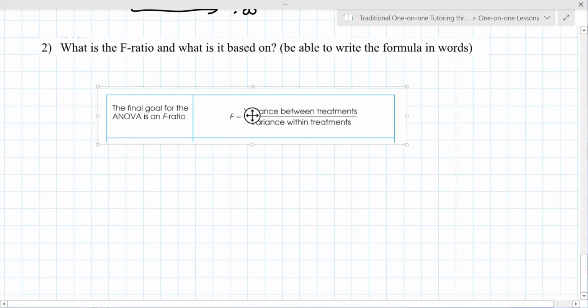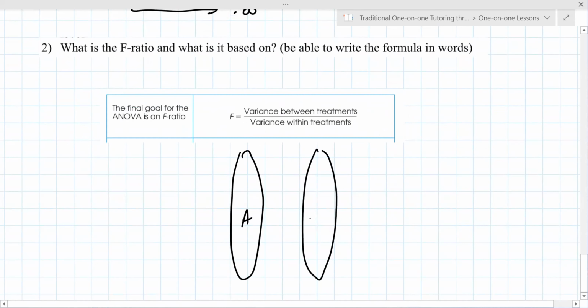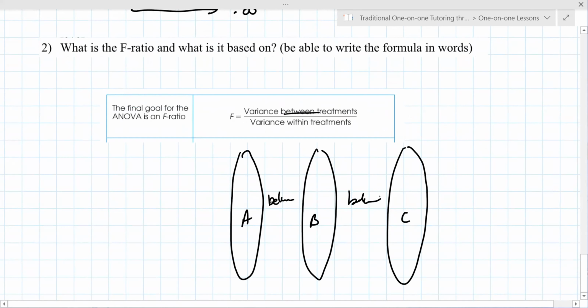What I'm trying to show you here is let's say this is group A, this is group B, and this is group C. The variance between treatments, the between is here, between and between. The within is inside here. Within, within, within. So what you're hoping for is that between the groups, there's a lot going on compared to what's happening inside the groups.